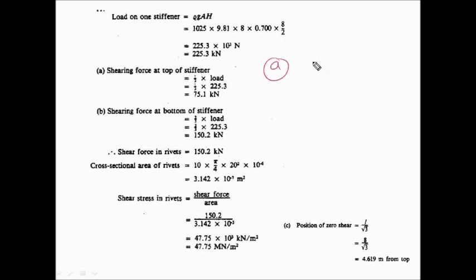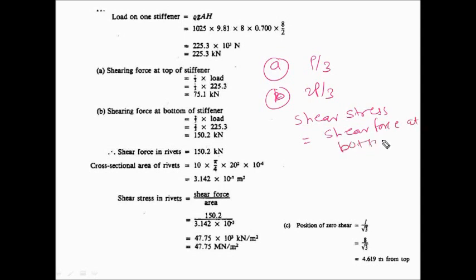For sub-question A, the shear force at the top is P by 3 and the shear force at the bottom will be 2P by 3. With the help of this, we are finding the shear stress. The shear stress is equal to the shear force at the bottom divided by 10 into the area of each rivet.